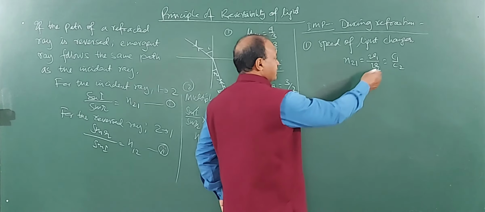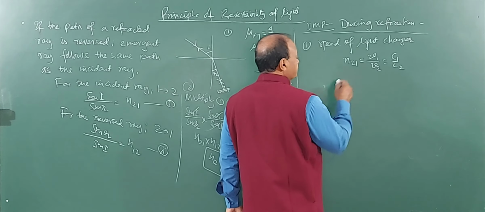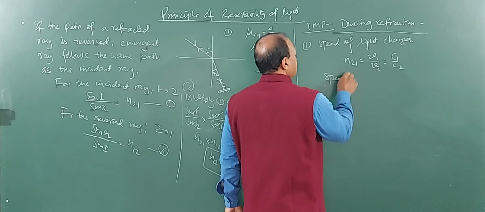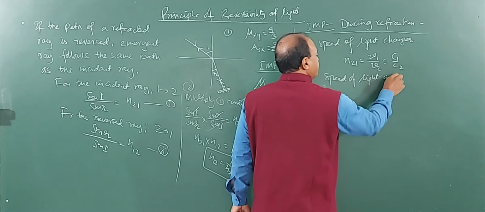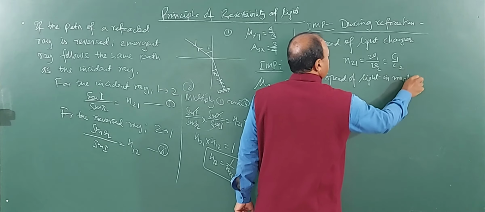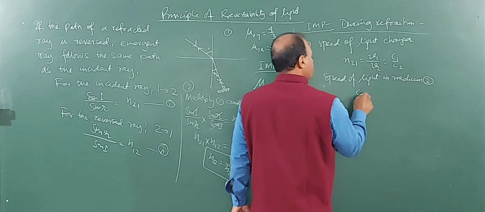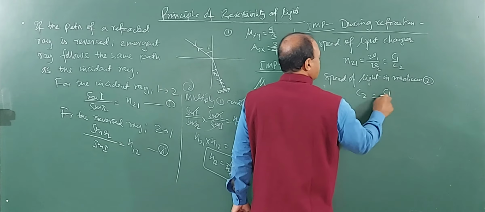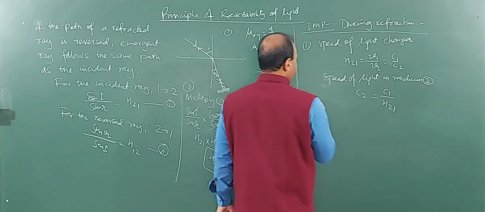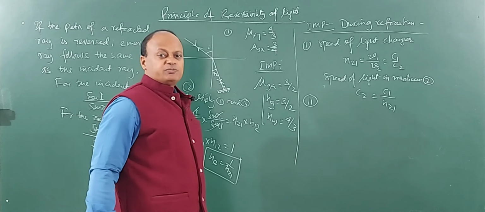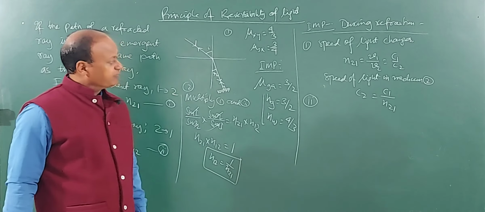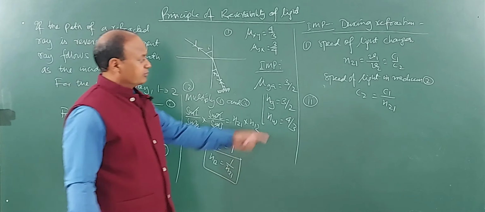So, from here we can calculate speed of light in medium 2. C2 is equal to C1 by N21. This is the first formula. So, speed changes. And what is the formula for new speed? You can use this one.